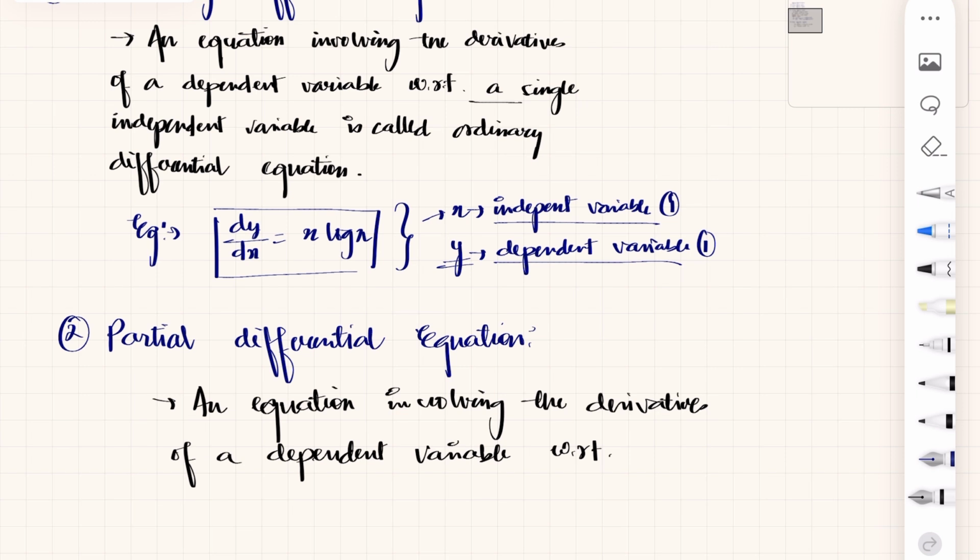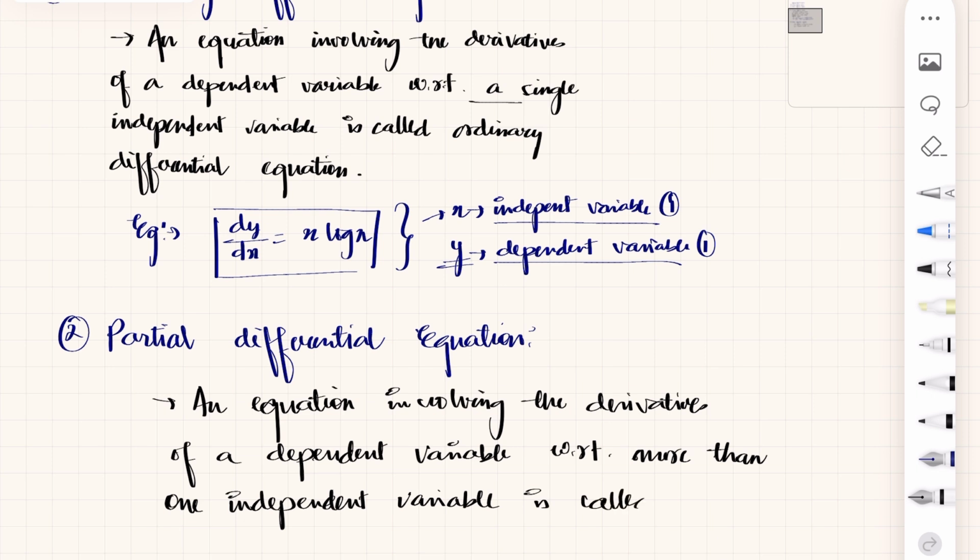Do you think it's going to be only one? No, it should be more than one independent variable.